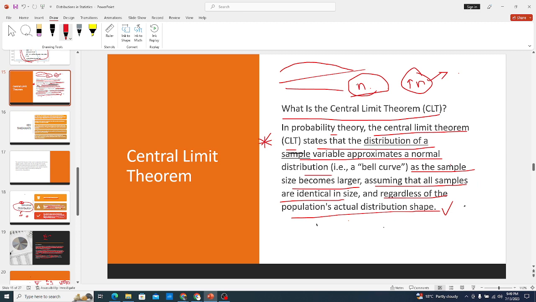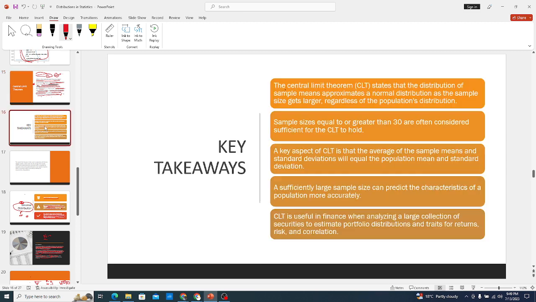Basically, the central limit theorem states that the distribution of sample means approximates a normal distribution as the sample size gets larger, regardless of the population distribution.